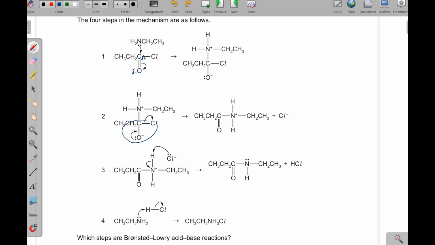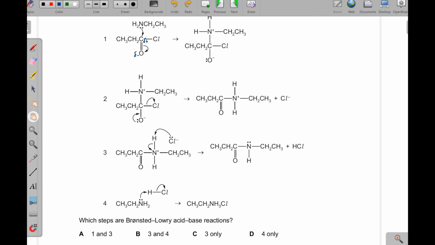Even here, electrons are being donated. Okay, but here, when you look at step 3, a proton is being removed from here. You see that? The nitrogen here has lost the proton. So this is an acid-base reaction. We are looking at donation of a proton, then donation and then acceptance of the proton. Okay, then also here, you see that?